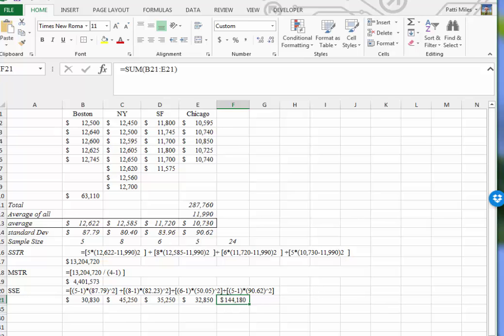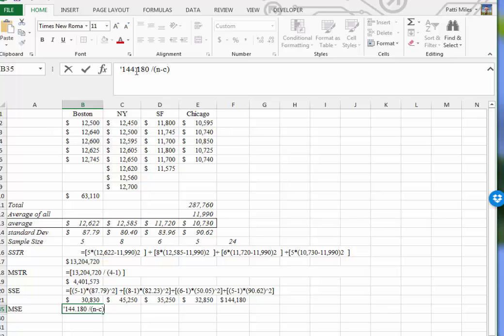Same thing. So the SSE then is 144,172. And now we'll go ahead and calculate the MSE, which is the mean square error. We do that by taking the value we just calculated and dividing it by N minus C, C being the treatments, right?